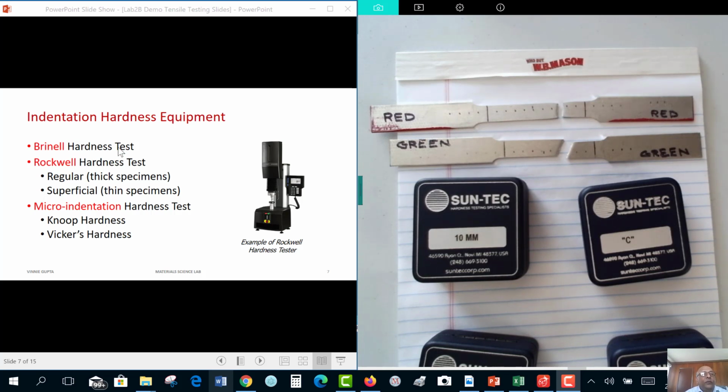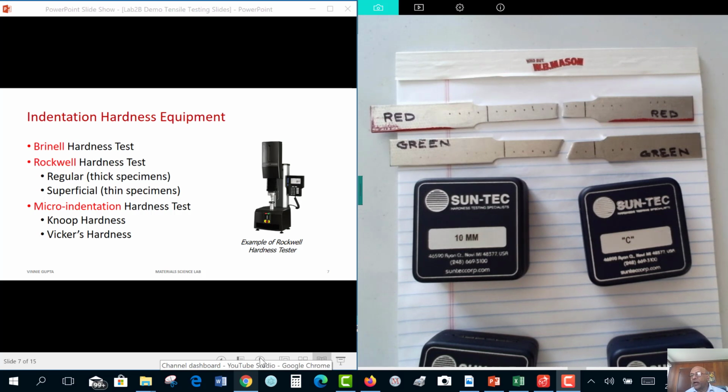We already went through the theory of Brinell hardness testing. In the next lab, we are going to talk in more detail about the Rockwell hardness test. Right now, I just want to use it as equipment to get my hardness measurements.